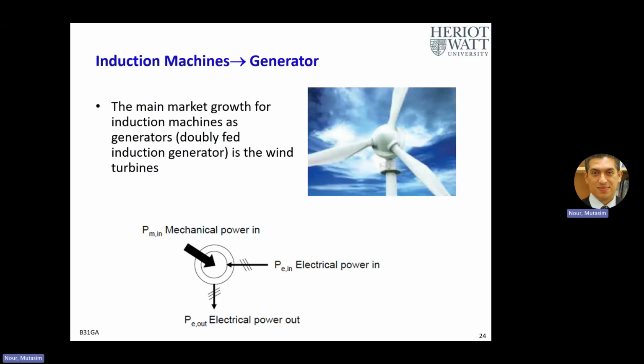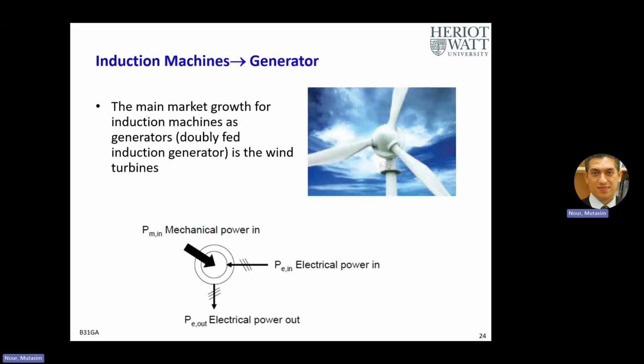A doubly fed induction generator is used with modern wind machines to generate electricity in wind farms. It is more efficient and more reliable compared to synchronous generators. Why? Because the speed of wind is not constant.